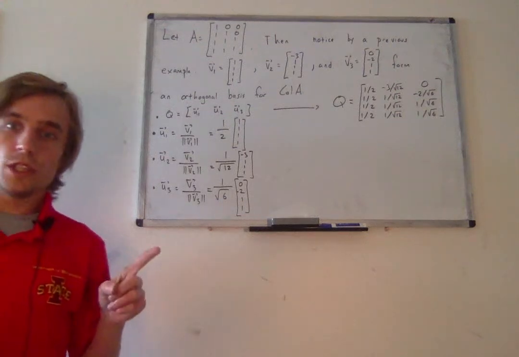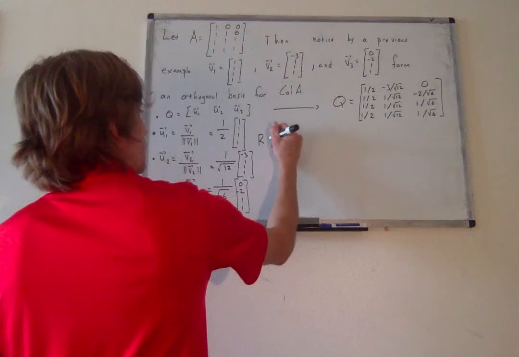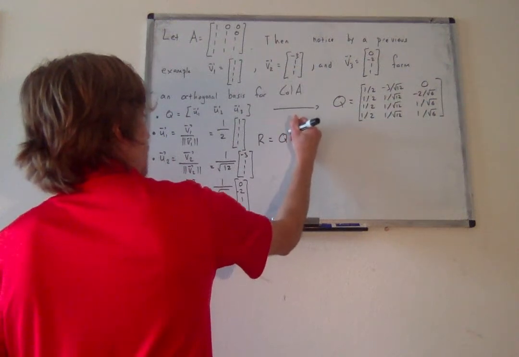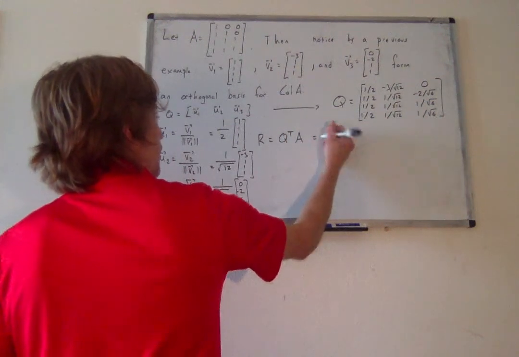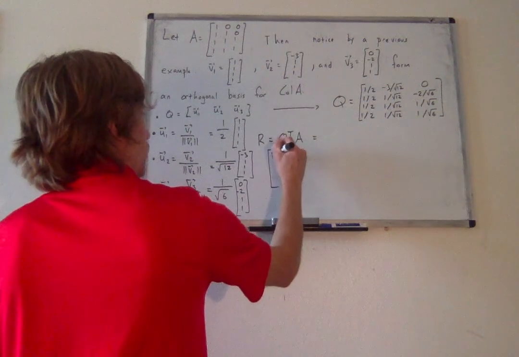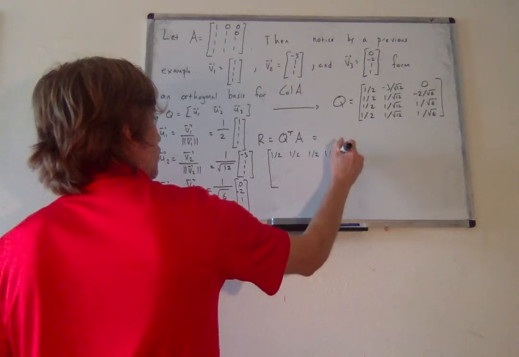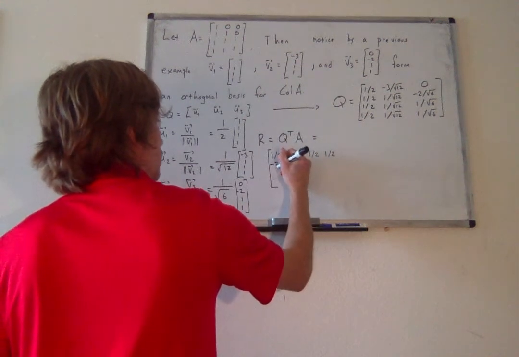So, almost done. Remember now, we know that R is equal to Q transpose times A. And so this is equal to the matrix 1 half, 1 half, 1 half, 1 half, and so on, where the matrix I'm writing out now is Q transpose.